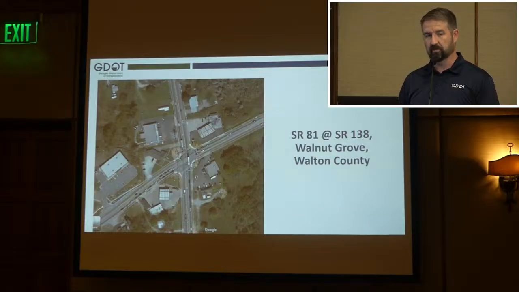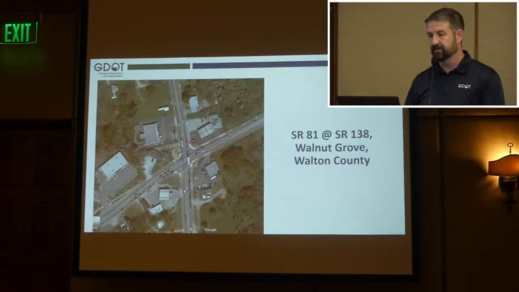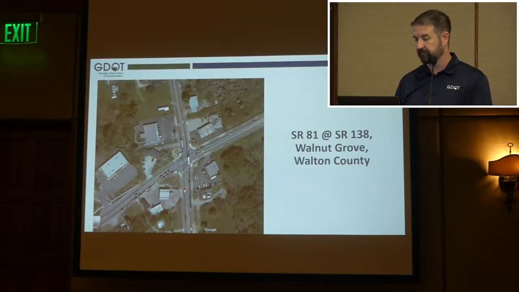This is up in Walton County in District 1, State Route 81 at 138. I think the design volumes were 38,000, so we really had no choice but to go into a full 2x2. We had a lot of constraints on the site, and it was already a signalized intersection, so there were a lot of reasons why it made sense to move from a signal to a roundabout.